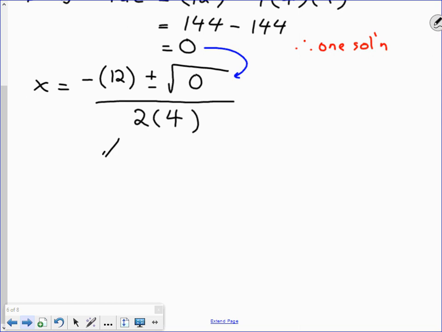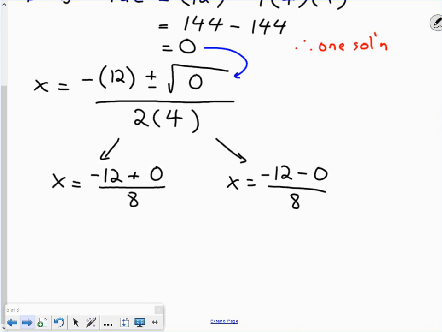So when we break this up into our two solutions, we'll have negative 12 plus the square root of 0, which is just 0, divided by 8. And we'll have x equals negative 12 minus 0 all divided by 8.